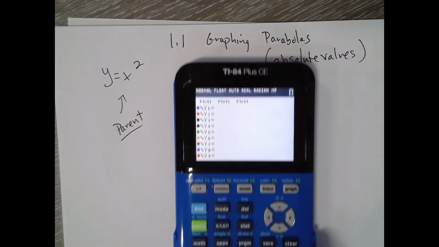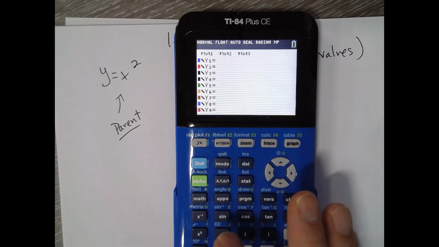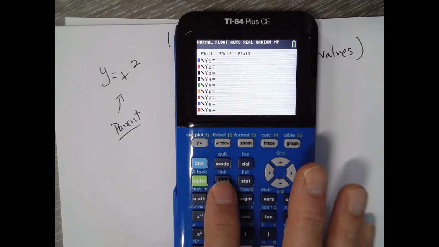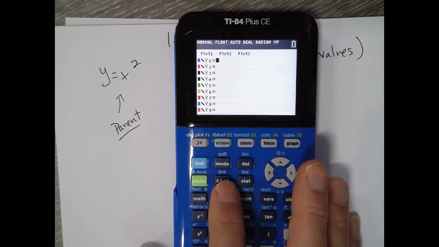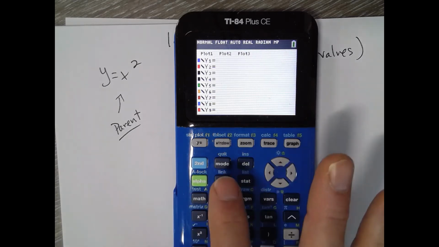It's got X, it's got T, it's got theta, it's got N. So that all depends on what mode your calculator is in. We are not going to change the mode in this class, so it's always going to be X right there. Once you get into pre-calc, you'll change the mode. We changed the mode in Calc 1 and Calc 2, but for our purposes in algebra, it's always going to be in function mode, so that'll always be an X.